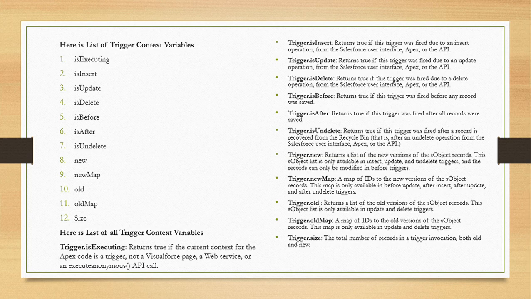Trigger.isInsert returns true if the trigger was fired due to an insert operation from the Salesforce user interface, and similarly for isUpdate and isDelete. Trigger.isBefore returns true before any record was saved, and isAfter returns true after all the records were saved. Trigger.isDelete returns true if the trigger was fired due to a delete operation from the Salesforce user interface, and isUpdate returns true if the trigger was fired due to an update operation from the Salesforce user interface.